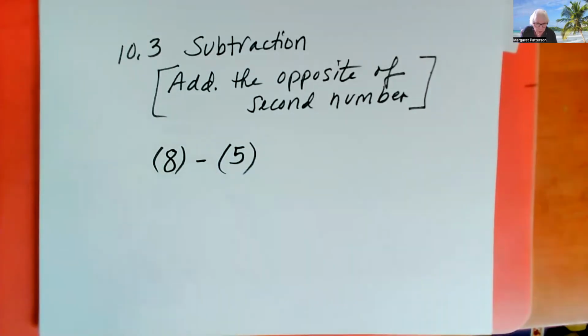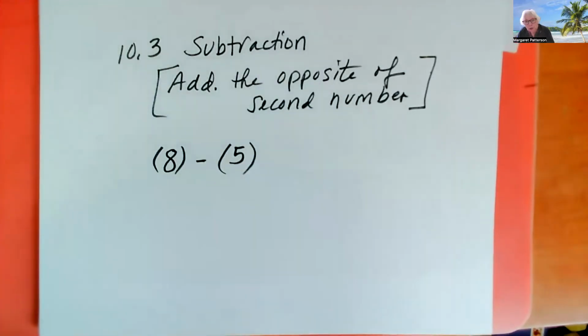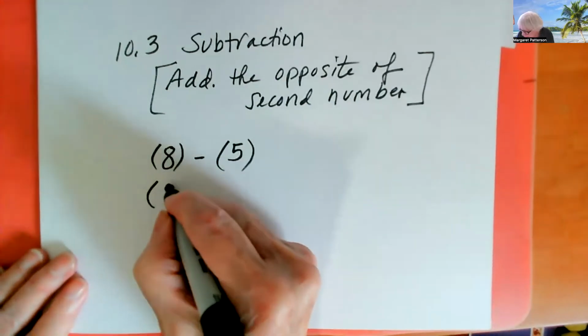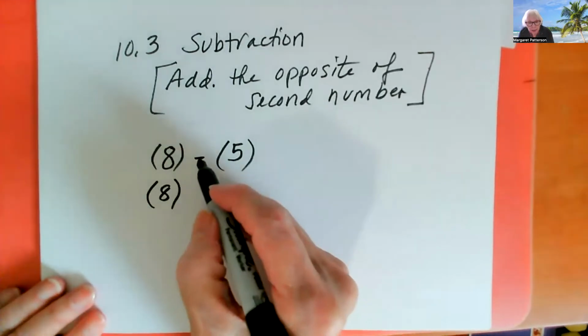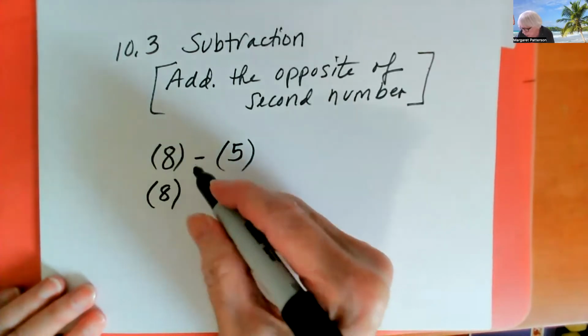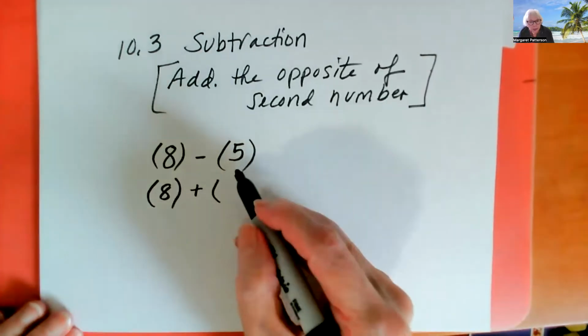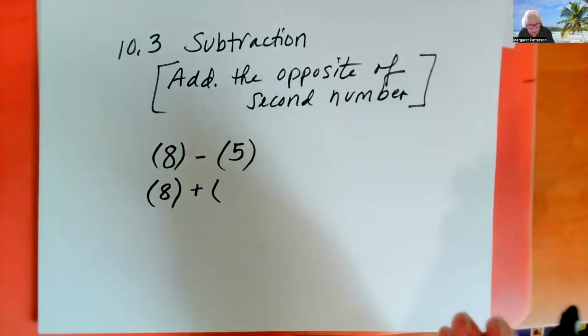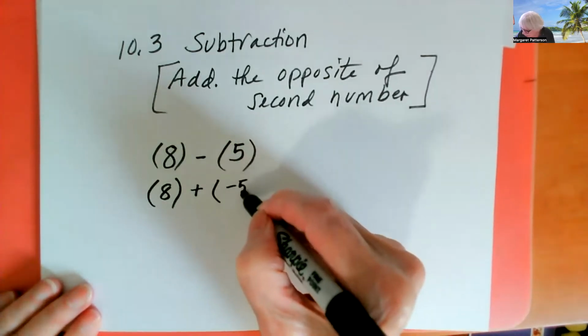Now, you know the answer to this, but I want to show you how this rule is helping us. We're going to convert it to addition, which means we're going to take 8 and copy it exactly. We're going to change the subtract sign to add. And we're going to change the second number to its opposite. So the opposite of 5 would be negative 5.